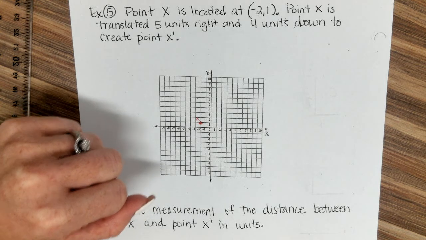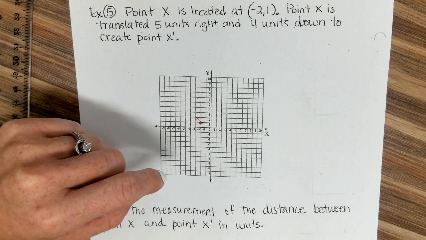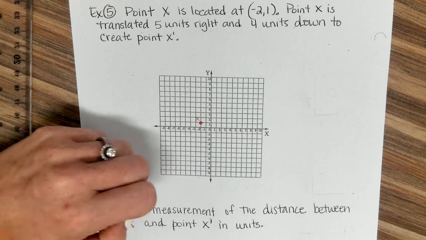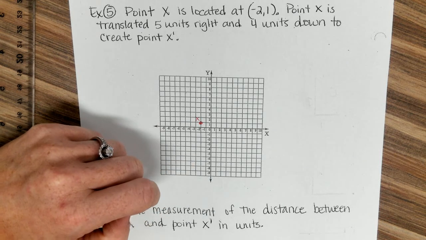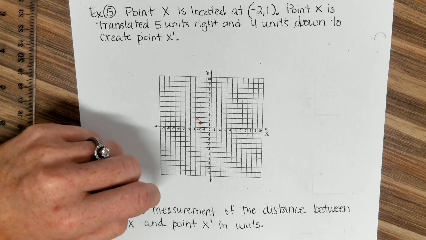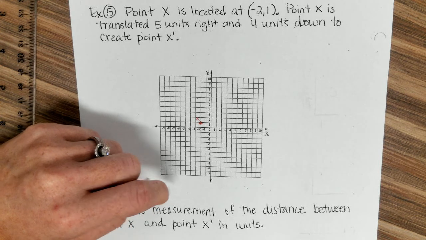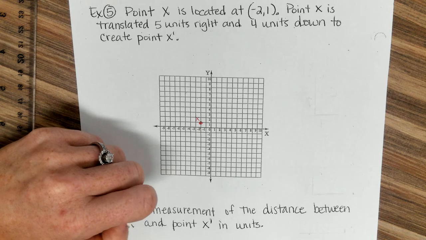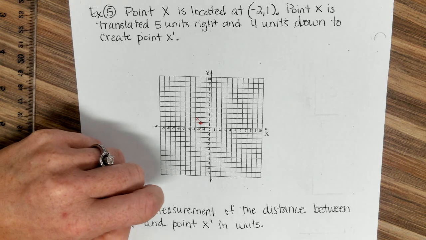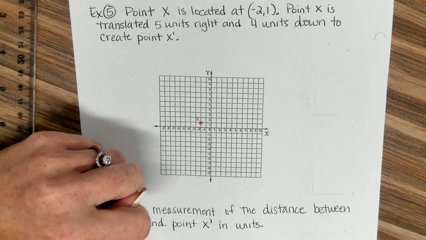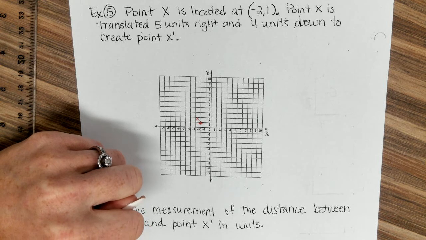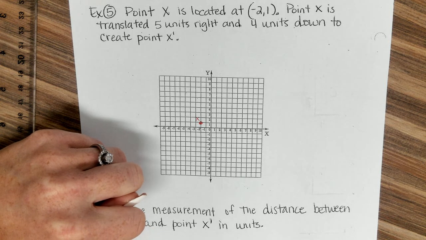It says point X is translated. Translated is a fancy word for moved. It's moved 5 units to the right and 4 units down to make point X1. So what would I do? Count 5 to the right and then count 4 down.